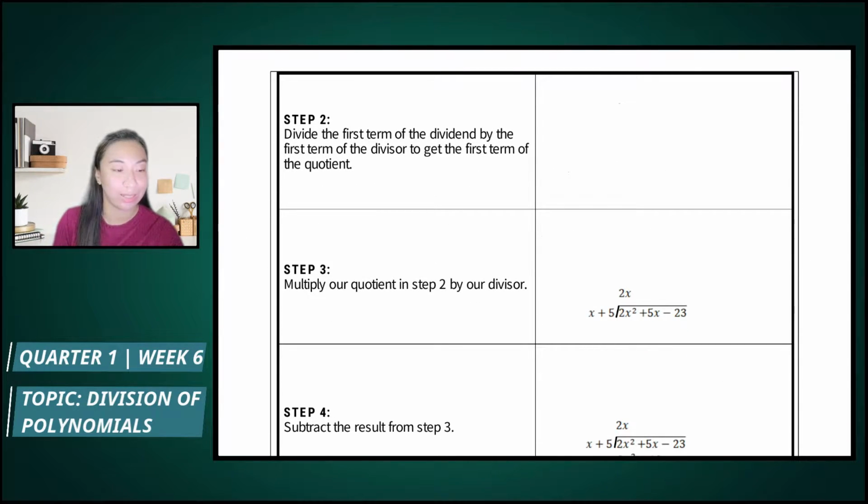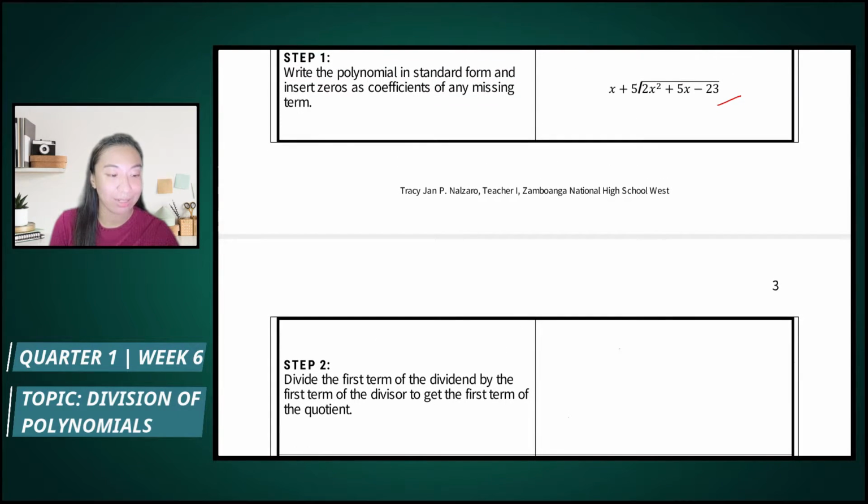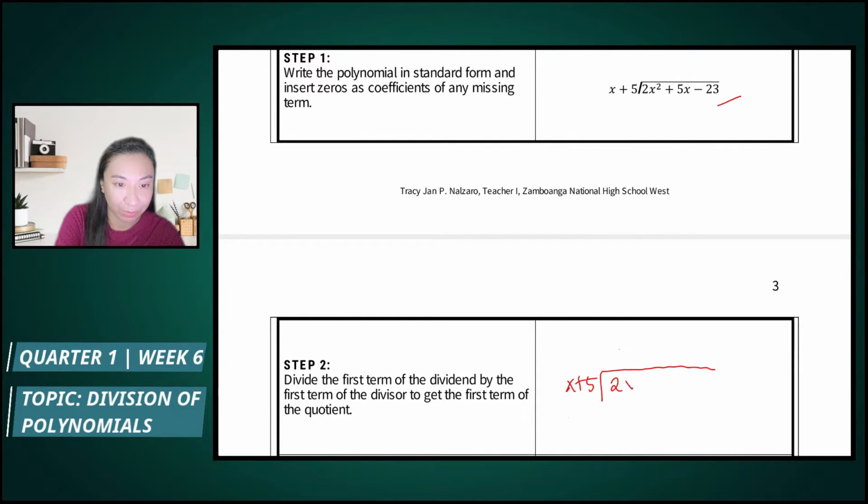For our second step, we have to divide the first term of the dividend by the first term of the divisor to get the first term of the quotient. So let me write it here again so that we will be able to look at it. Divide the first term of the dividend, which is 2x squared, by the first term of the divisor, which is x.